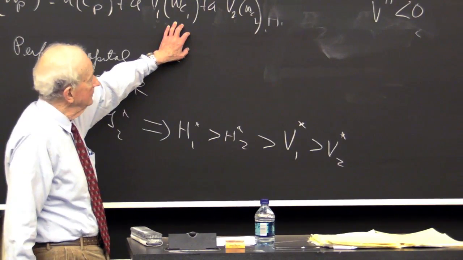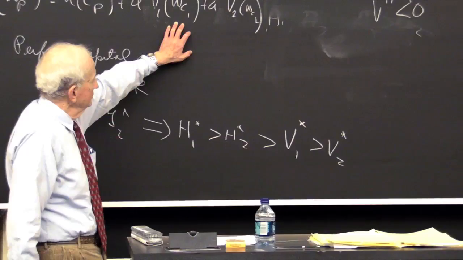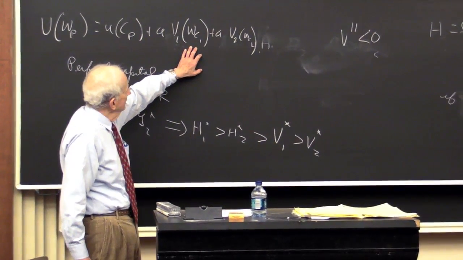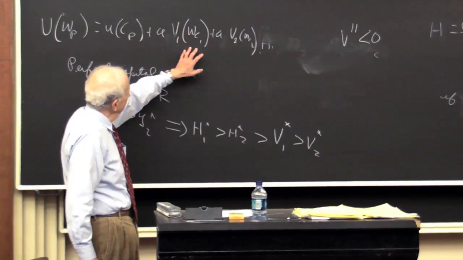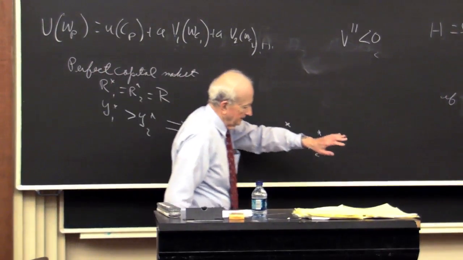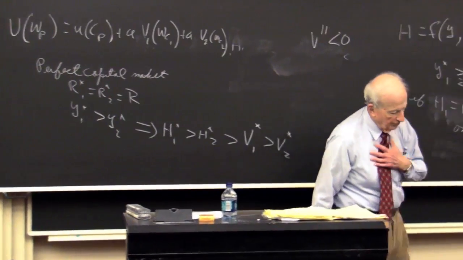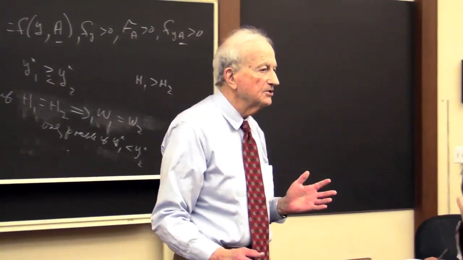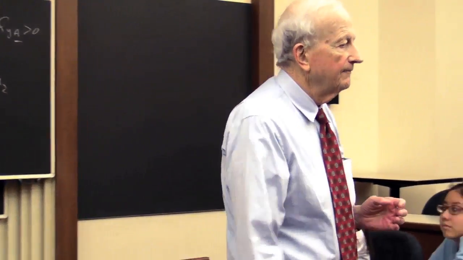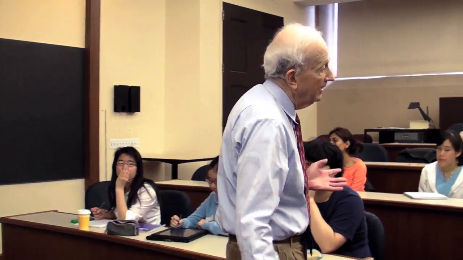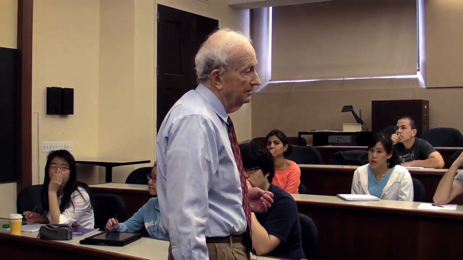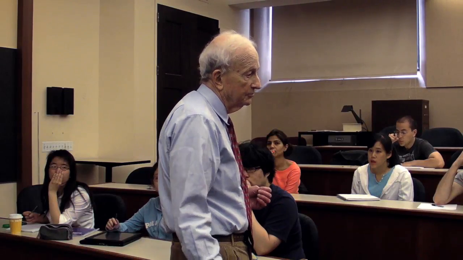Because of concavity here. So the parents may say, if this is my utility function, I can get more utility by redistributing a little bit of my investments in the kids toward the less able kid, because they have a higher marginal utility of income. I might do some of that. Maybe a lot of that. And we'll see what it depends on.